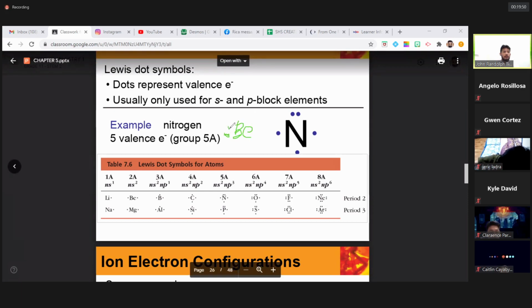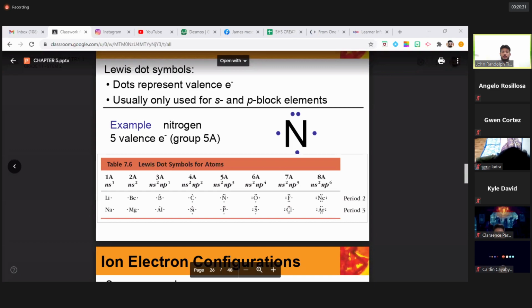The two dots can't be side by side. No, that's not allowed. One can be on top and the other at the bottom, or it can also be here. Like that. As long as they don't belong to the same region. Next, these are the common elements, belonging to period 1, period 2, and period 3. Look there: the elements are different, but the valence electrons are the same. 1, 2, 3, 4, 5, 6, 7, 8.